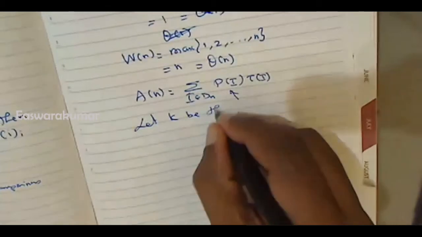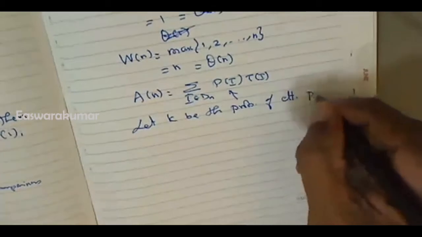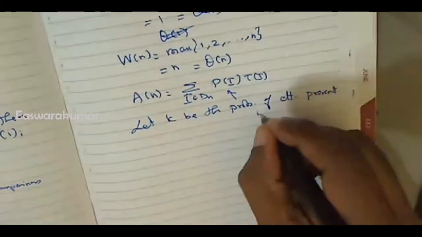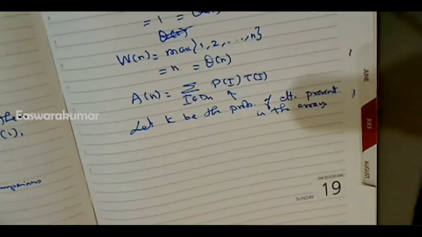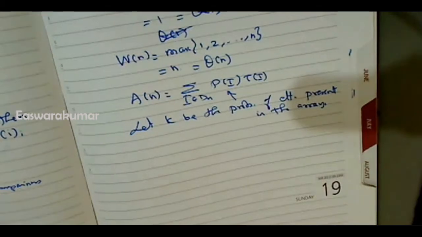So we can assume that K is the probability of the element being present in the array. We do not know exactly, therefore we are taking some K. But the value of K is between 0 and 1 because it's a probability. So if K is the probability of the element being present in the array, what is the probability of the element not being in the array?